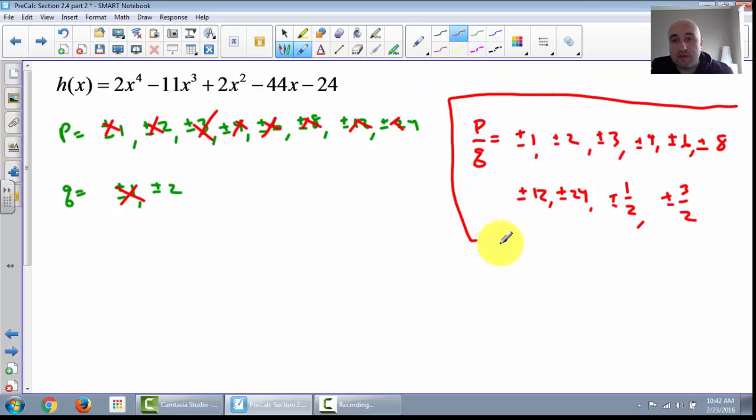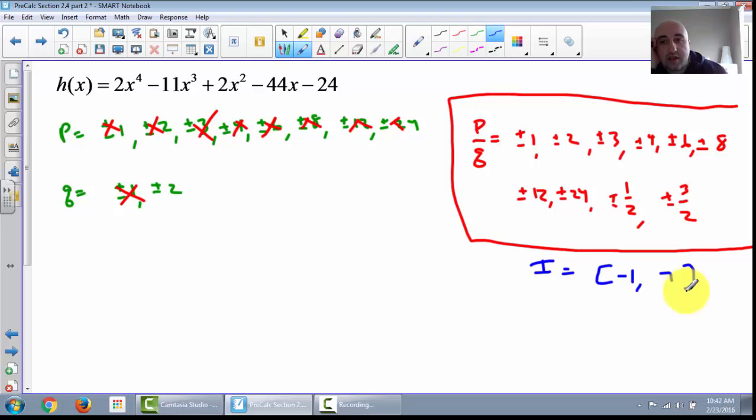Now, this would be pretty miserable if we had to try every single one of these to figure out which one works. But what we're going to use is our interval from the last. Here our interval is between -1 and 7. So which one of these numbers are in between -1 and 7? +1 and -1 are between -1 and 7. +2 is, not -2, so +2 is. +3 is. +4 is. +6 is.